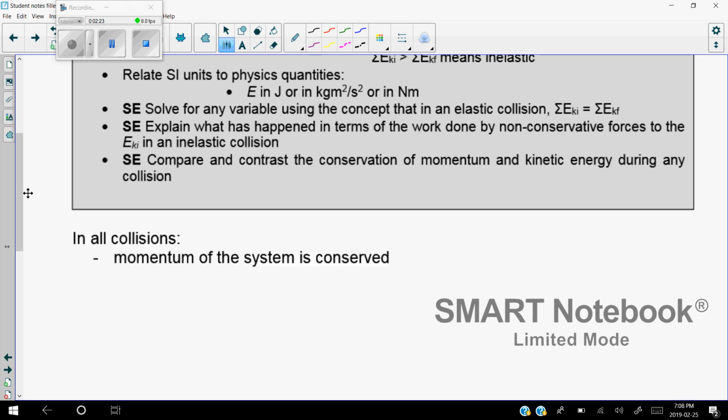Explain what has happened in terms of the work done by non-conservative forces to kinetic energy in an elastic collision. And lastly, compare and contrast the conservation of momentum and kinetic energy during any collision.